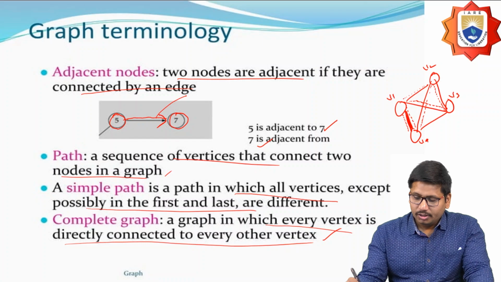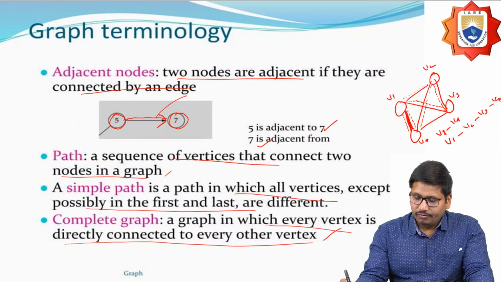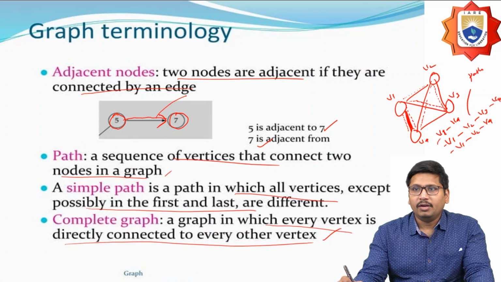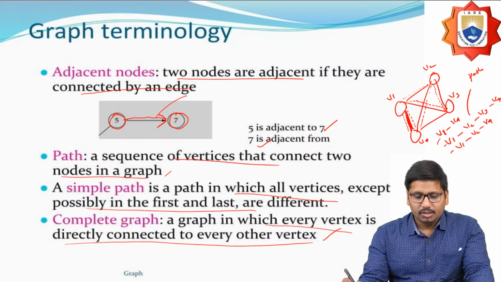So there are different paths: V1 to V4, or V1 to V2, V2 to V3 and V3 to V4, or V1 to V2, V2 to V4. These are the different kinds of paths available to reach from one vertex to another vertex.